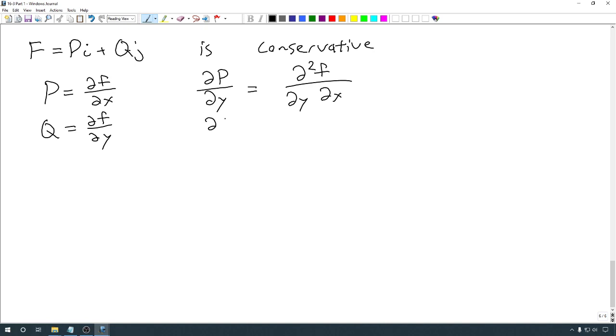If we do the same thing with Q, but this time differentiate with respect to x, now we're looking at the second derivative of f, first with respect to y to get Q, and then with respect to x. These look very similar, except the x and the y are switched. But if you remember from back in, I think it was chapter 14, we had what we call Clairaut's theorem.